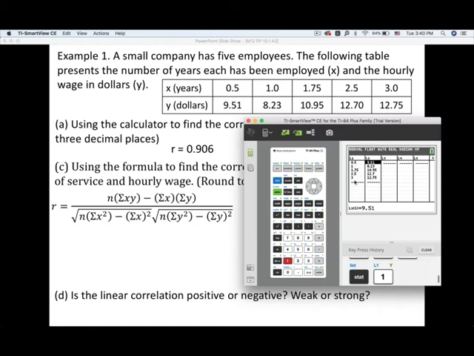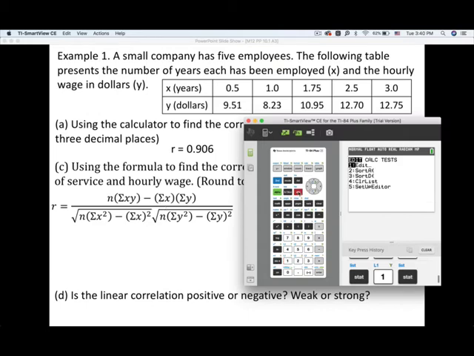I have my X on my L1, Y on my L2. Now I want to find out the summation X and summation Y. So I'm gonna click on the stat, go to the calc, click on number 2, 2-variable statistics. So my X is gonna be on L1, Y is gonna be on L2. Go to calculate.